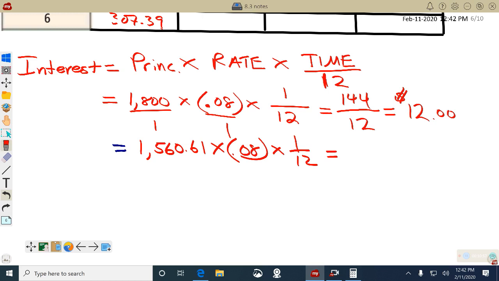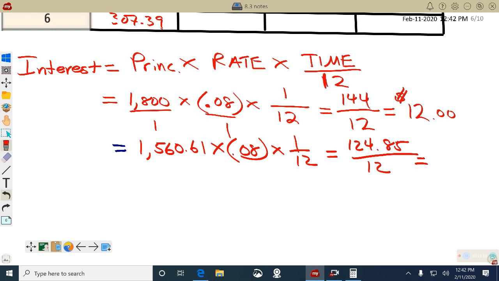So here we go. It's going to be 1,560.61. That should be 0.08, or what? 0.08. And then divide that puppy by 12.